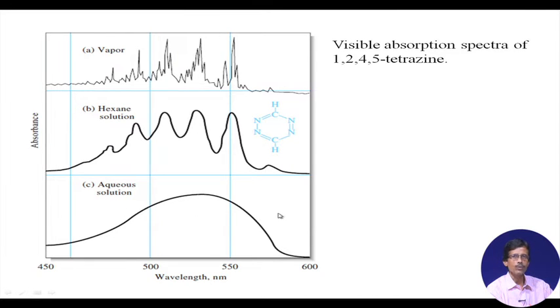If the aqueous solution is highly concentrated, that means more and more tetrazine molecules are side by side, very close, and they start slowly interacting. So, the vibrations we are not able to observe in the aqueous solution, but in hexane solution the number of molecules is less, so we are able to see the corresponding vibrations of these bonds. That means the carbon nitrogen double bond, carbon nitrogen single bond and carbon hydrogen single bond also.